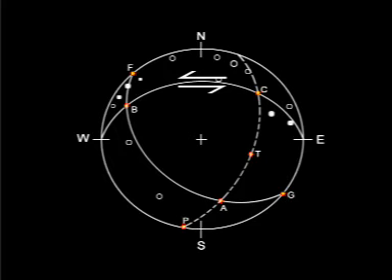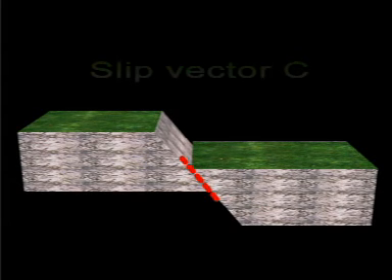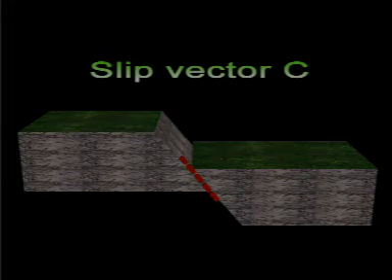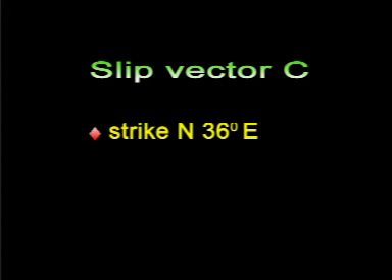From this figure, we can find the slip vector also. Slip shows the slipping of one wall, whether hanging wall or footwall, on the other on the fault plane. This slip vector in this case is strike north 36 degrees east and the plunge is 38 degrees.